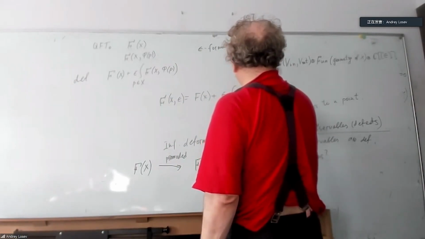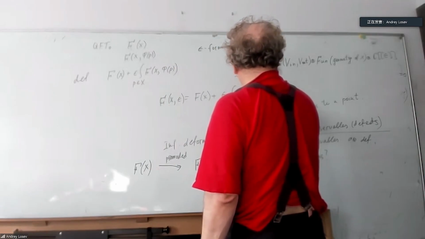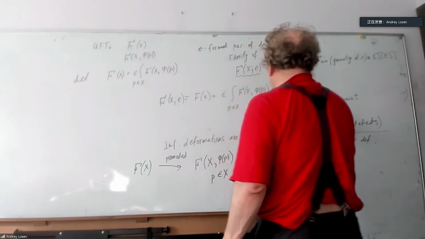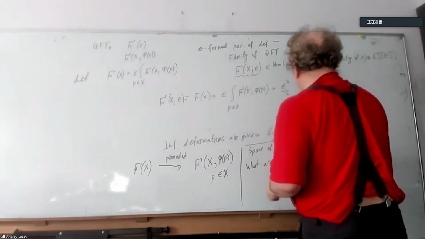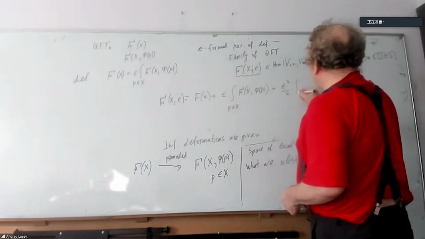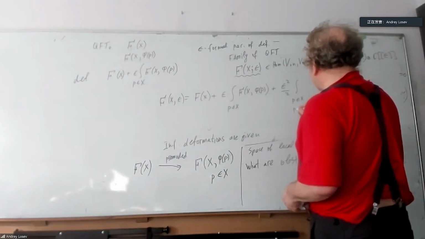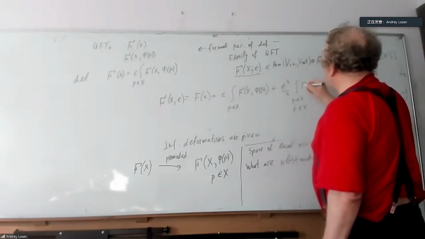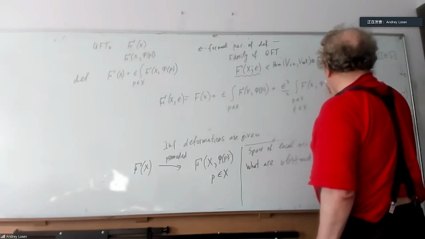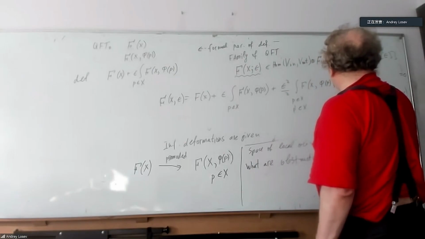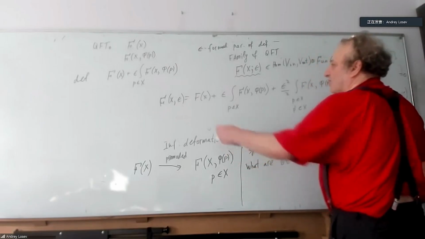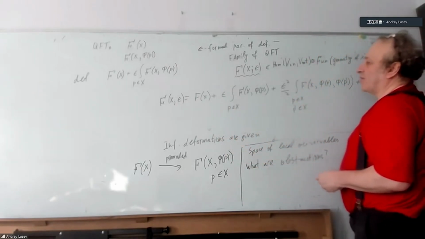And here I want to do something like this: plus epsilon squared, maybe over 2, integral of p in x, p prime in x, and here I want to put F of x, phi of p, phi of p prime, plus etc. So this is the deformation of quantum field theory.